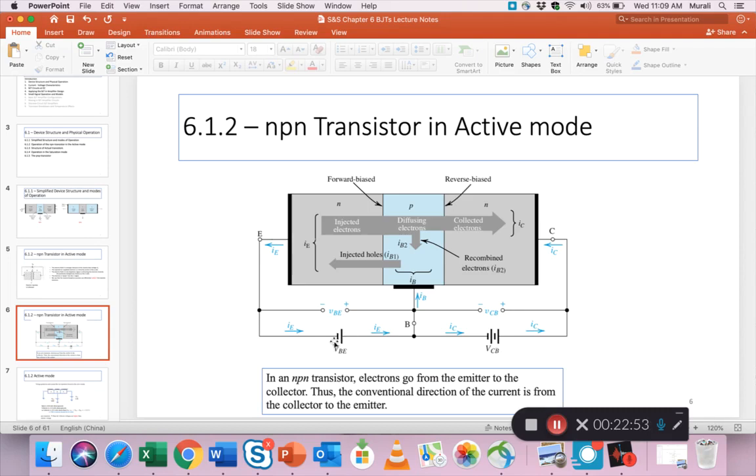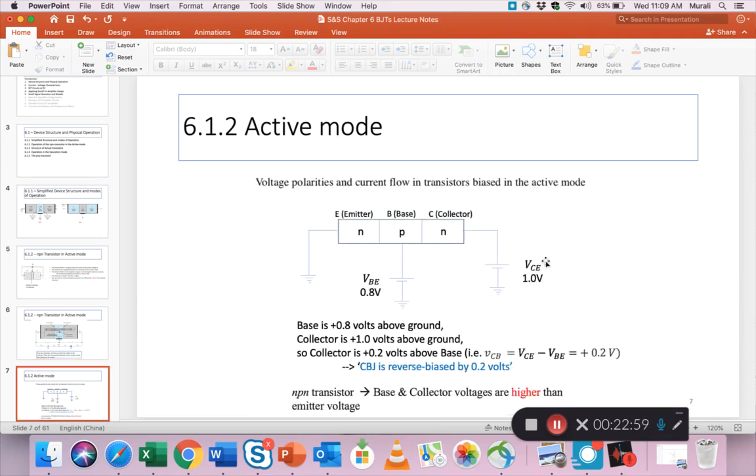VBE is the same in both cases, but what we call VCB in this drawing on slide 6, we now bring out as VCE in the circuit on page 7. Now I can assure you they are the same thing. It's just a way of naming it that can be a little confusing, but it can't be helped. You have to understand both approaches and be able to relate one to the other.